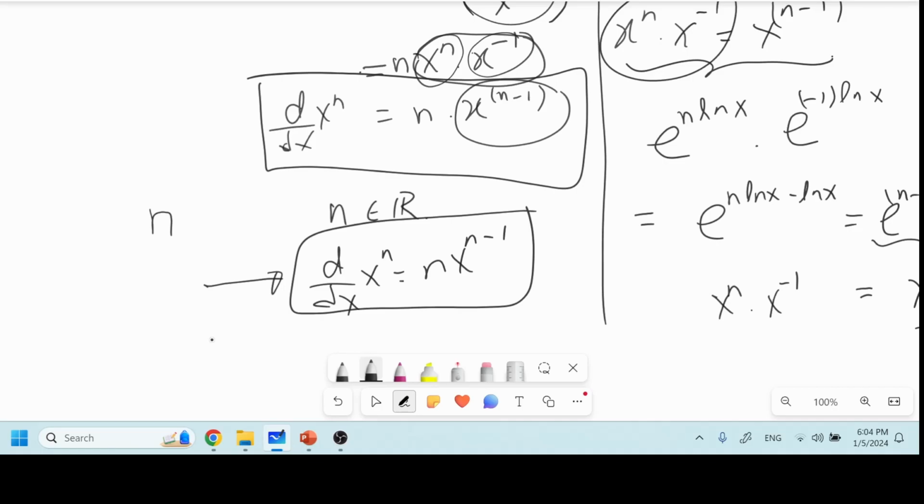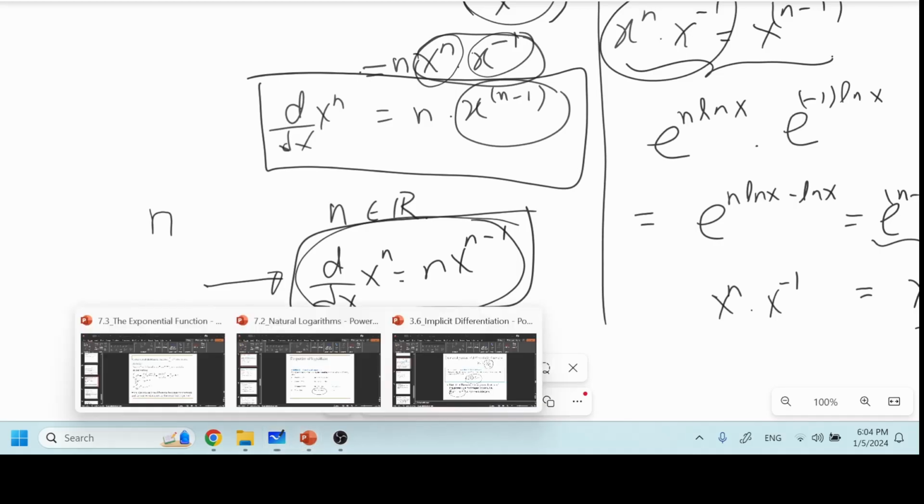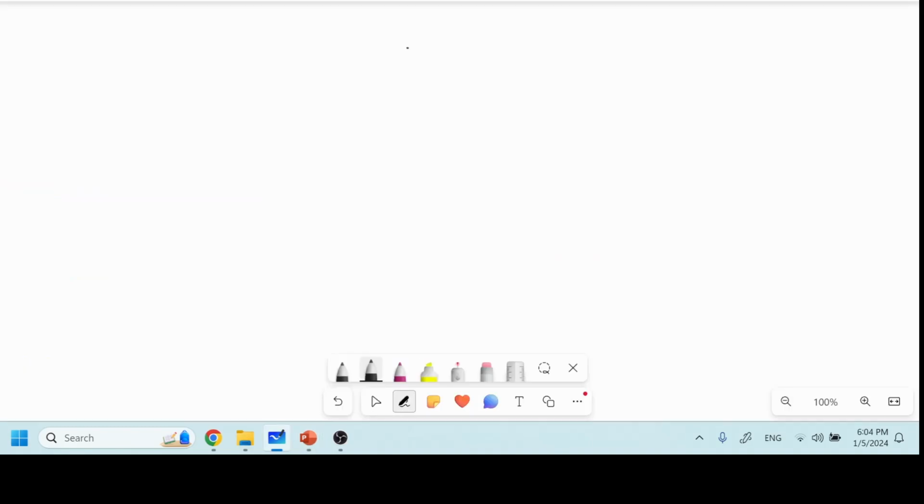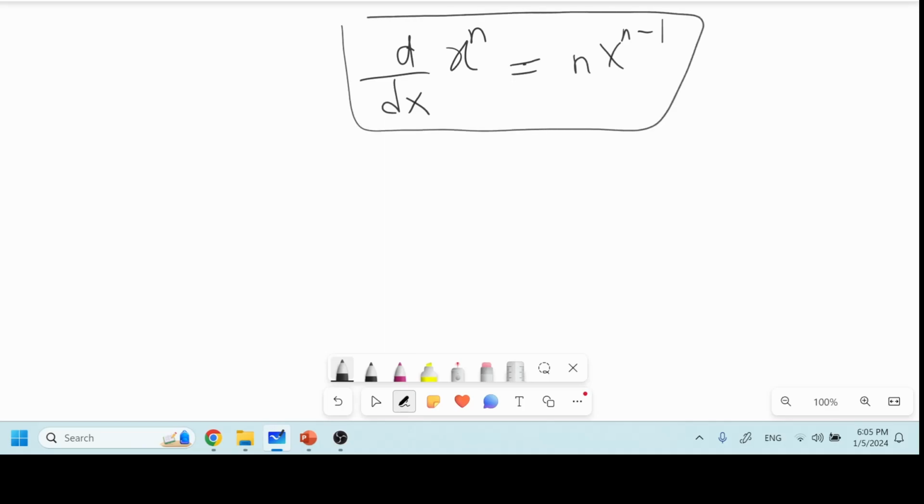So in this sense, the result that has been proven here, the derivative for the generalized power function, is a more general version than Theorem 4 in topic 3.6. So up to this point, we have been able to show that the derivative of the generalized power function is simply equal to this. The next thing we want to discuss is to generalize the differentiation of the generalized power function to a function u of x, which is raised to the power of n.